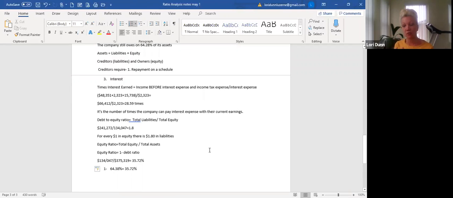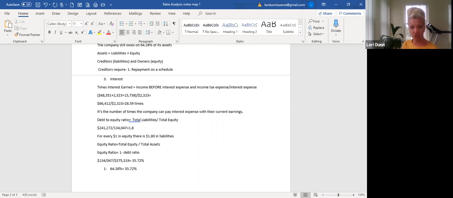Again, it's just showing us how well we can pay our liabilities, due to how much of our assets are financed with equity versus debt, and how well we can pay our interest. So these ratios define that for decision makers, and comparing ourselves to the past and our industry will help us identify that.